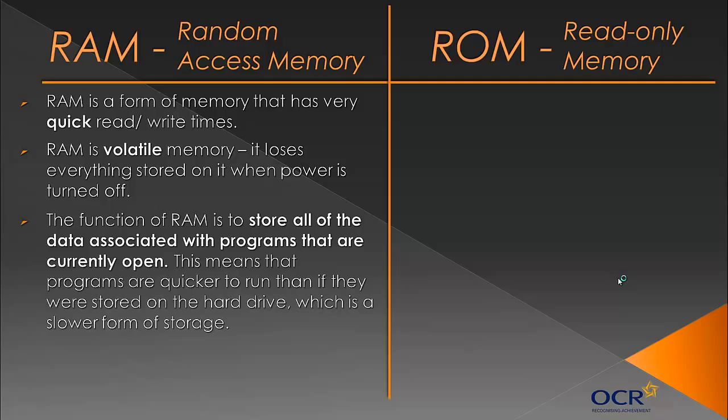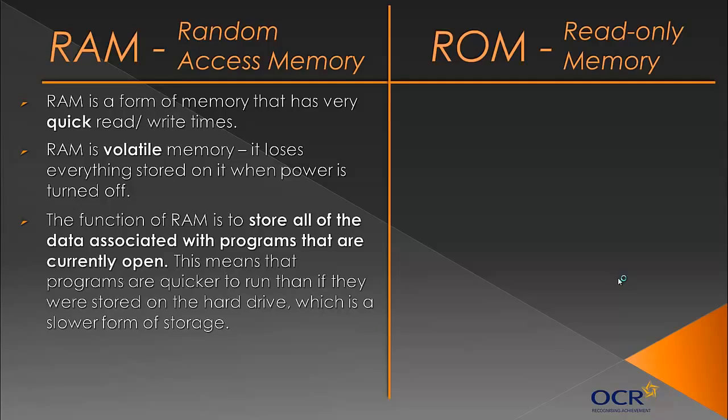So when you open a program, everything to do with it, accessing it, using it, even small things like changing fonts or the size of fonts, will be quicker than if you had it on your hard drive. That's why RAM's used.